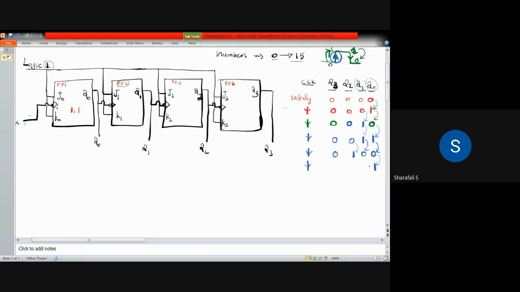Since the Q0 pulse is at the positive edge, Q1 will not get a clock pulse, and because of that Q1 will not change, it will retain its state 0. Since Q1 is not changing, Q2 also will retain its state as 1. Since Q2 is not at the negative edge of its pulse, Q3 will not change.